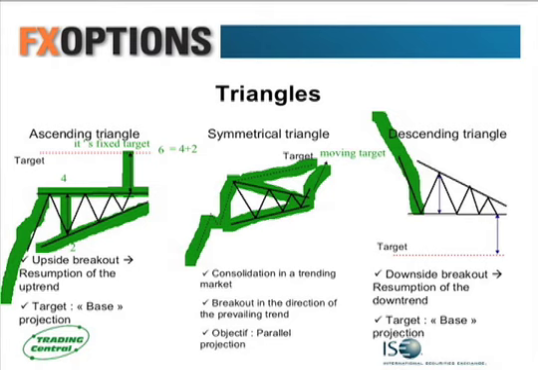It's a consolidation within the bearish trend, a continuation of the bearish trend, and you can enter a short position when you have a downside breakout of the lower boundary, which is flat, in opposition to the ascending triangle, and the target will be a fixed target, like for the ascending triangle. So when you have a downside breakout of the lower boundary, it means you will have the resumption of the downtrend.